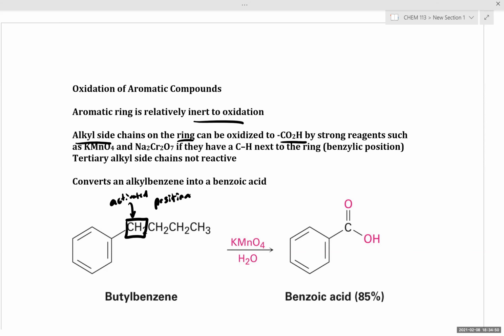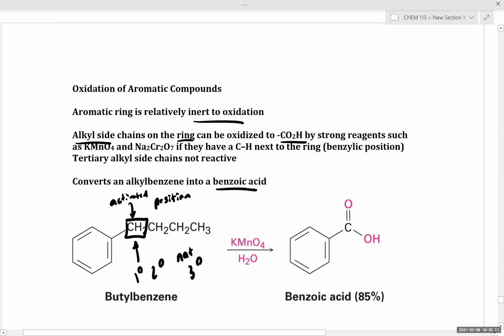So if you have an alkyl group and your carbon that is directly adjacent to your benzene ring is primary or secondary, but not tertiary, you can oxidize up an alkyl benzene to a benzoic acid.